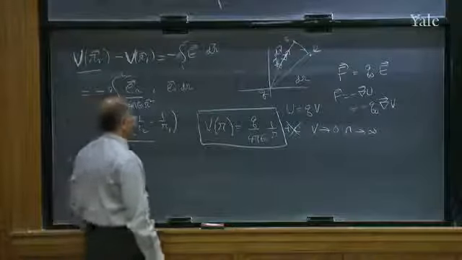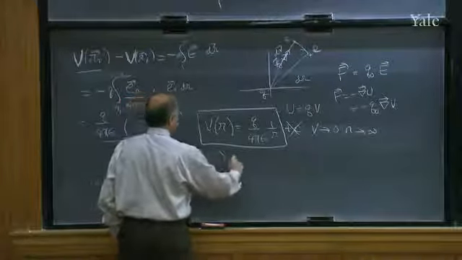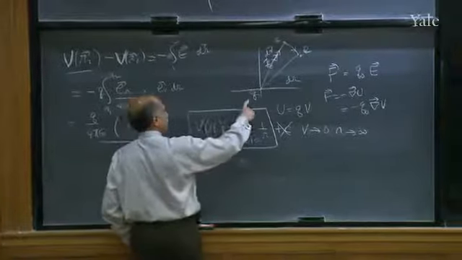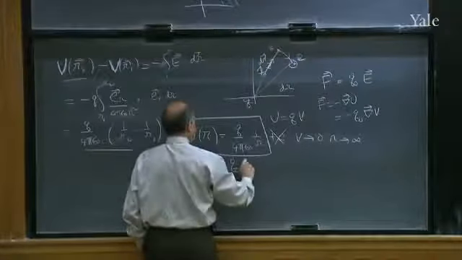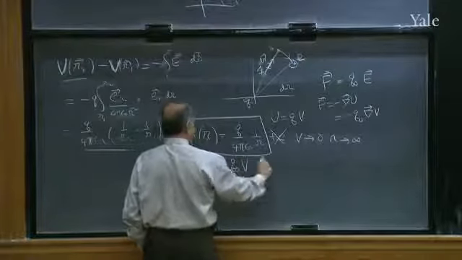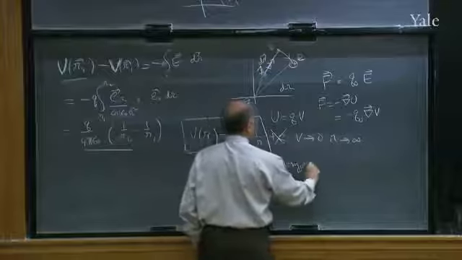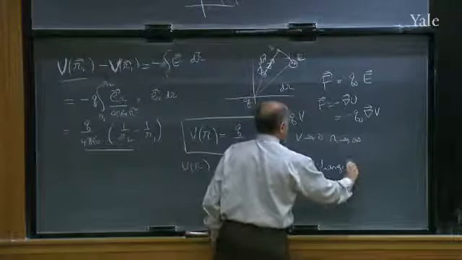This is the V due to a single charge, and the U of R is equal to some Q naught. I don't want to call Q again because Q is the guy producing the potential. Q naught is the guy experiencing the force. So Q naught times V is the potential energy of charge Q naught sitting at that point.